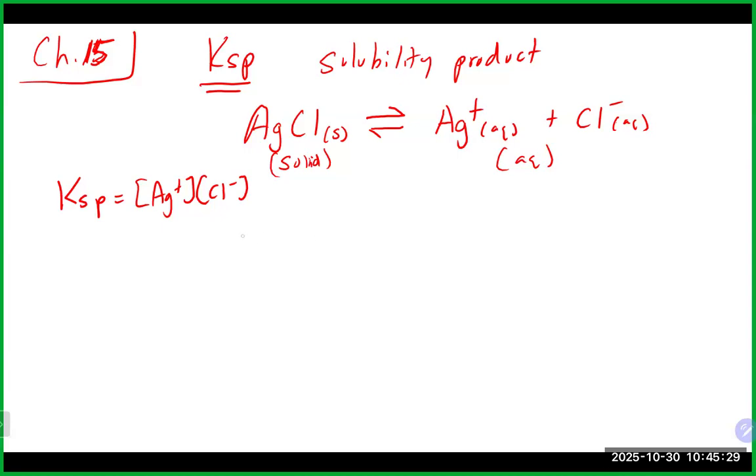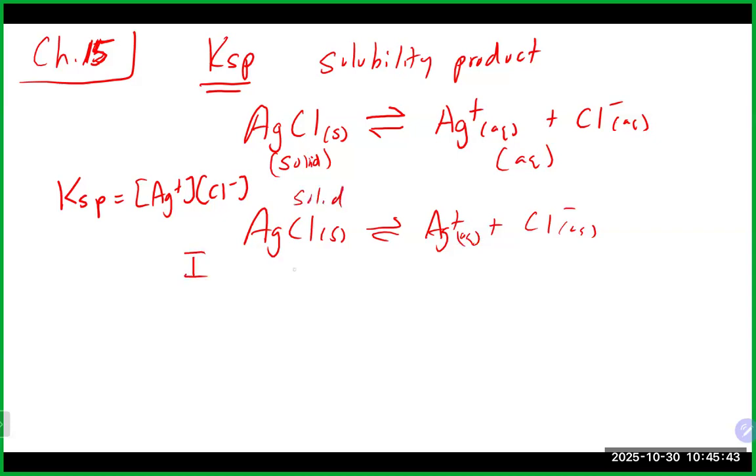And when we do an ICE table, it is a little bit different in the sense that because the reactant side is usually a solid, we usually don't have anything on our left-hand side, because we're not concerned about that, as it is a solid.